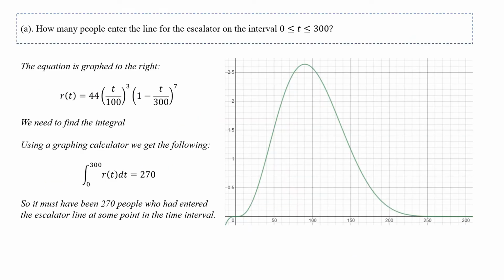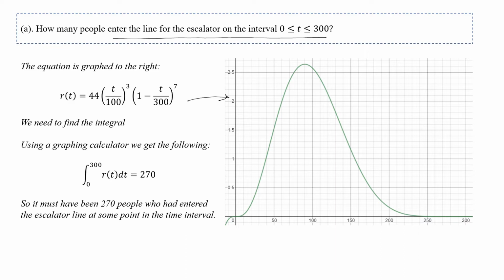All right, so part A says how many people enter the line for the escalator on the interval 0 to 300. First, let's get an idea of what this function looks like. We can do that by simply graphing it. If you look at this graph over here on the right, this is the function modeled.